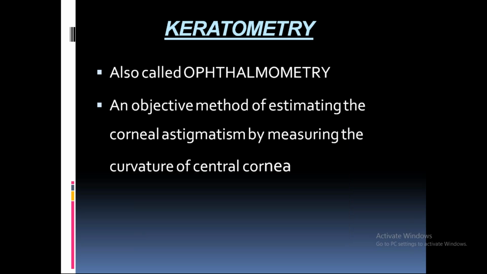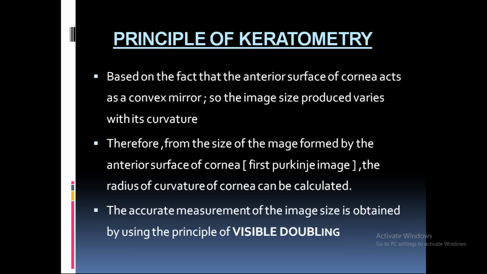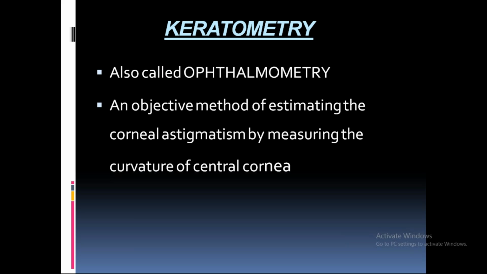Keratometry, also called ophthalmometry, is another investigation. It is an objective method of estimating the corneal astigmatism by measuring the curvature of the central cornea.